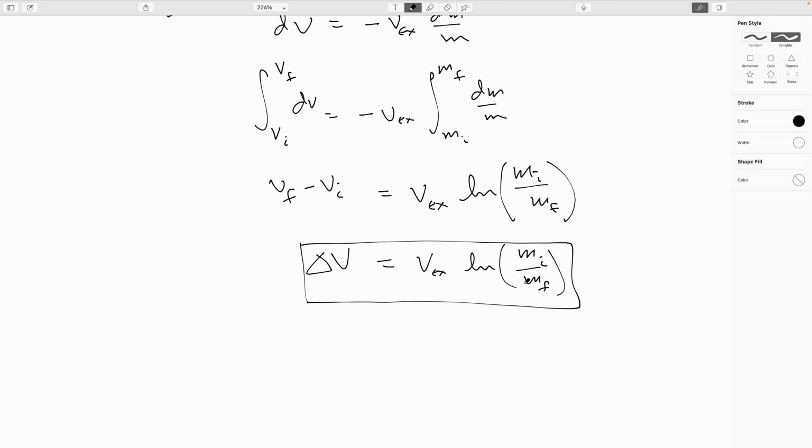So this is why you tend not to design single stage to orbit rockets. Even if the Earth were airless, there comes a point where it's actually beneficial to have a duplicate engine just to get rid of the extra launch vehicle, the fuel tank, the walls, everything like that, to go further.